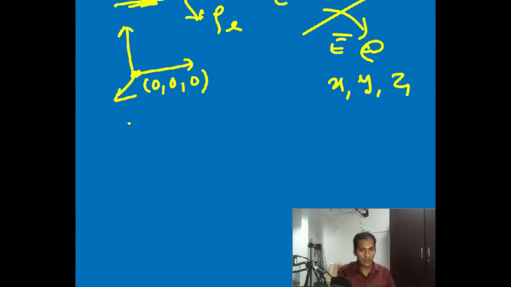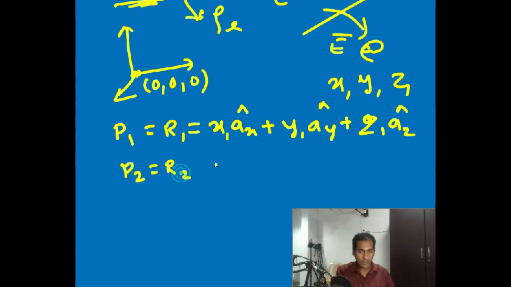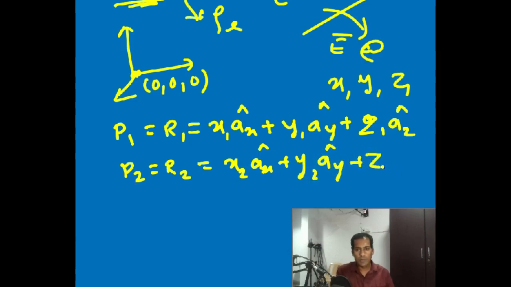So let us write it like this. Say point 1 is having some radius 1, which is equal to x1 ax cap plus y1 ay cap plus z1 az cap, and let P2, which will give R2, is equal to say x2 ax cap plus y2 ay cap plus z2 az cap.